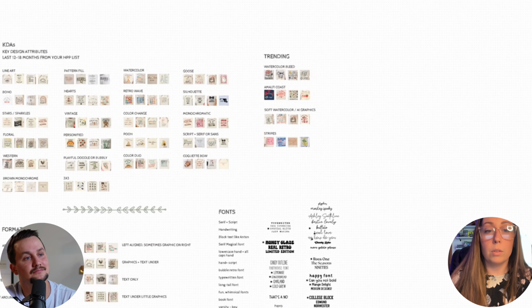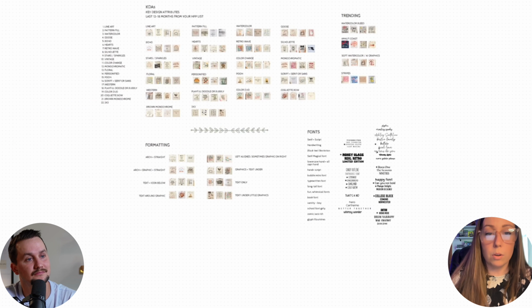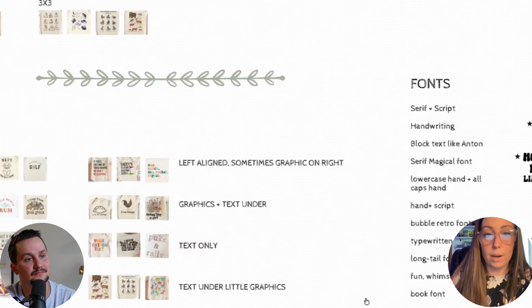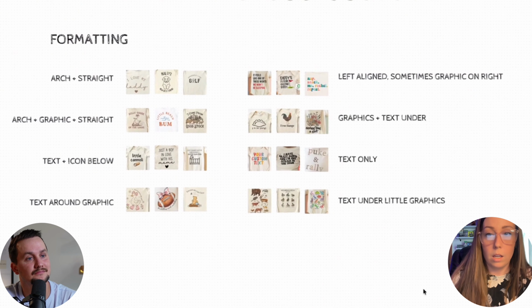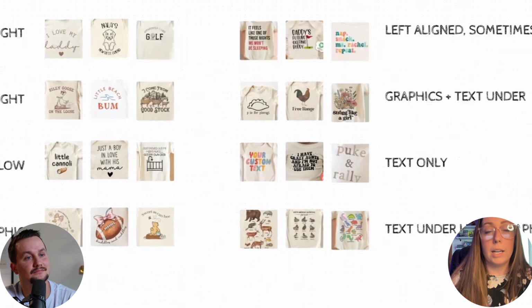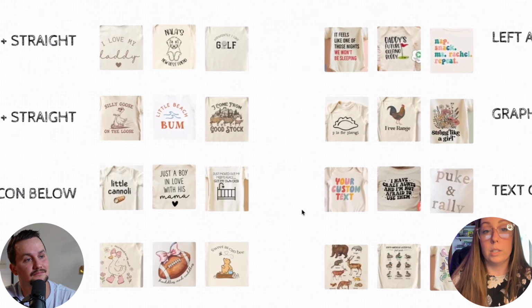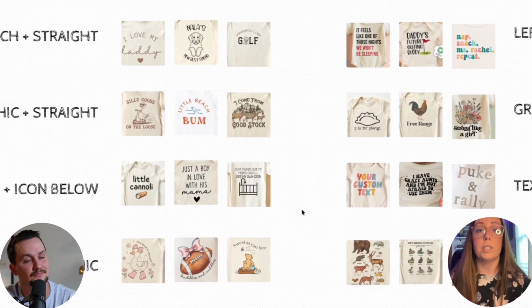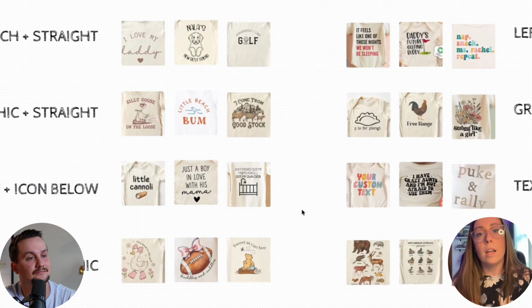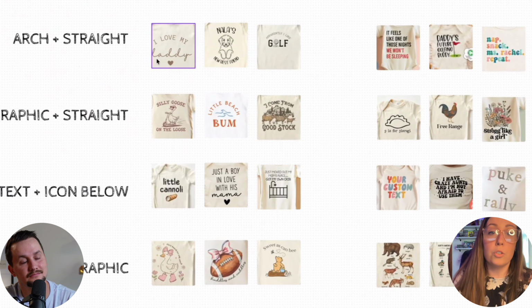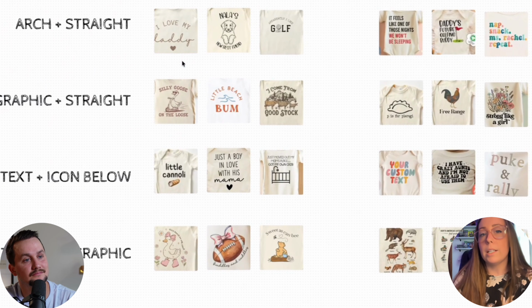Now, if I zoom out, I also see down here, I write down the formatting, just so that I know the different kinds of formats that I can do on the onesie. So if I feel like I'm at a loss for what to design, I can come in here and say, okay, I could do arched plus straight, and it breaks down further what's going on inside of the product type.